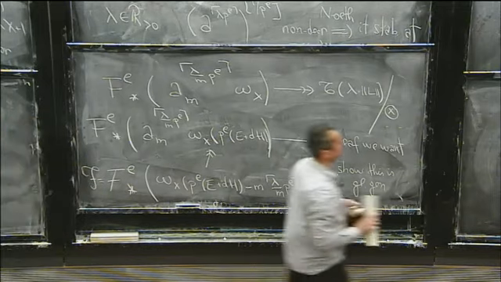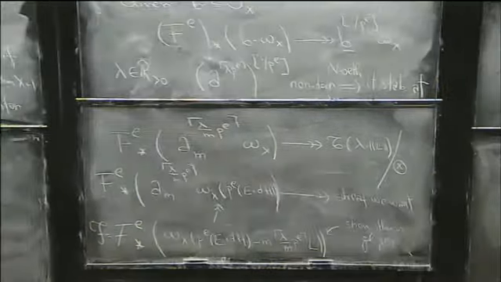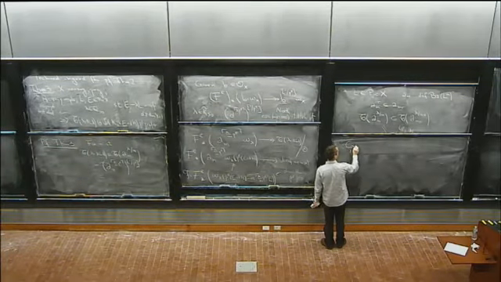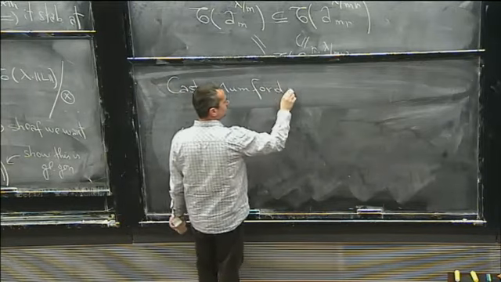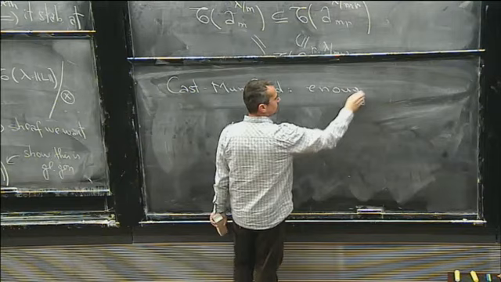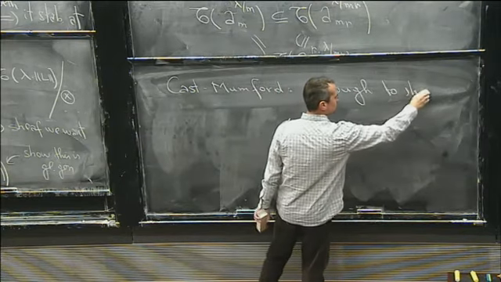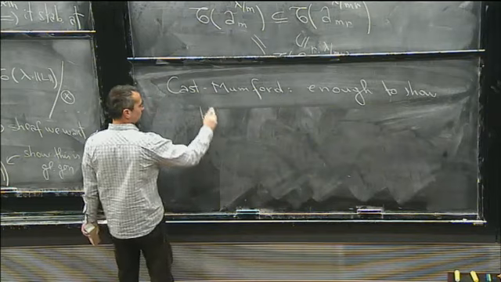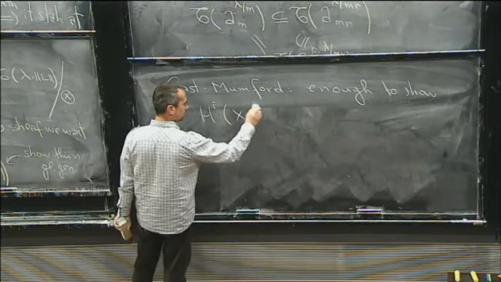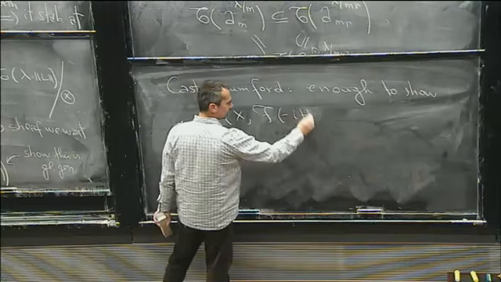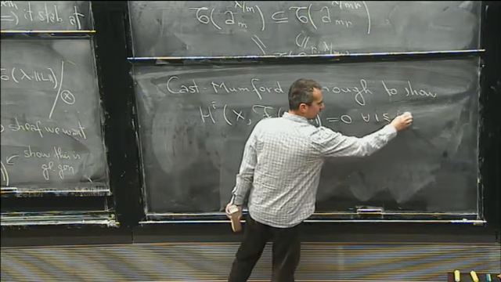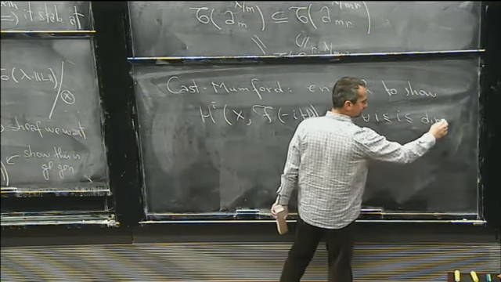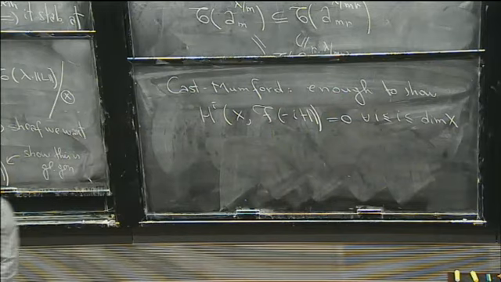Okay, so basically we are done, because, again, by Castelnuovo-Mumford regularity, it's enough to show that H^i of x and f twisted by minus ih is 0 for i between 1 and the dimension of x. Okay, so this means that it's 0-regular in the sense of Castelnuovo-Mumford, which implies that it's globally generated.